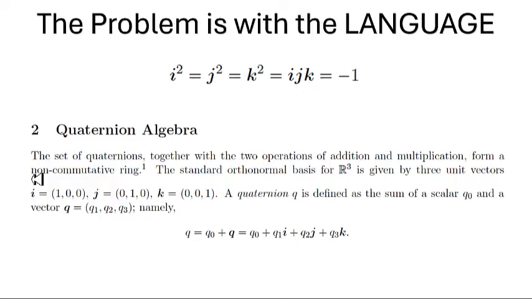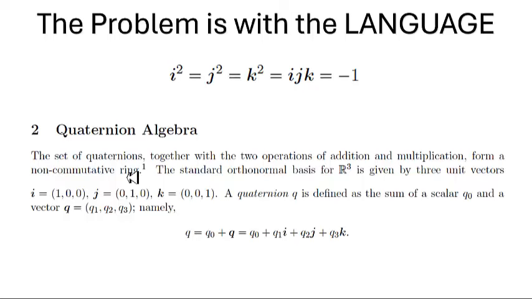So this is true. The standard orthonormal basis for R3, the Cartesian coordinate system, is given by the 3 unit vectors i equals 1, 0, 0, j equals 0, 1, 0, and k equals 0, 0, 1. So this is actually the correct way of expressing the 3 orthogonal axes.